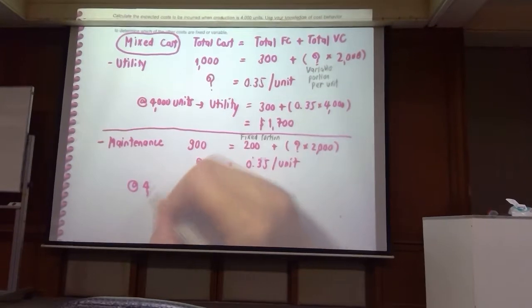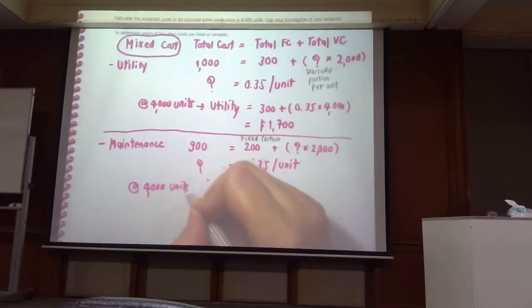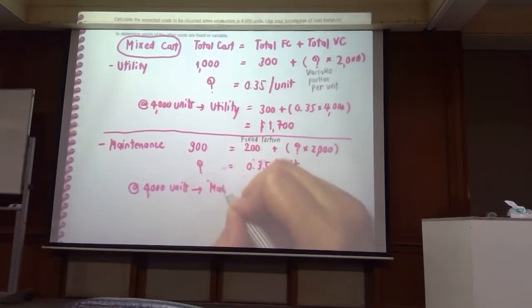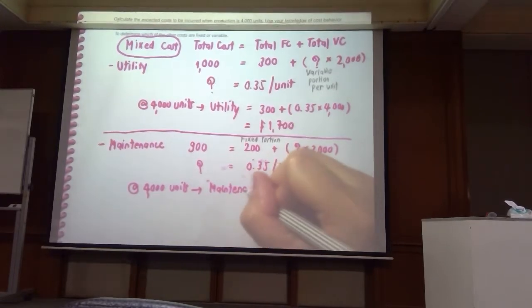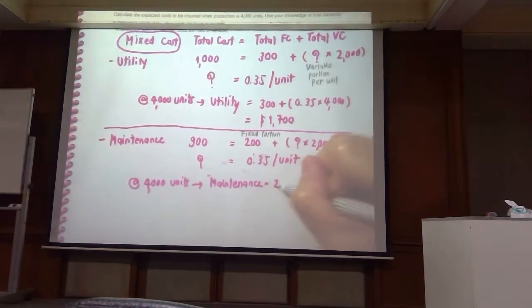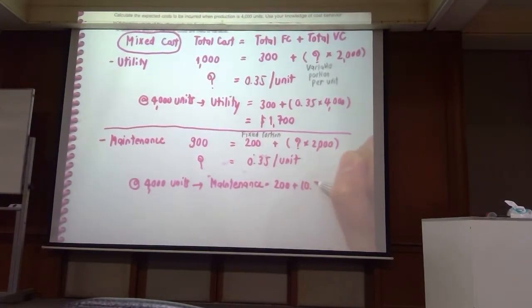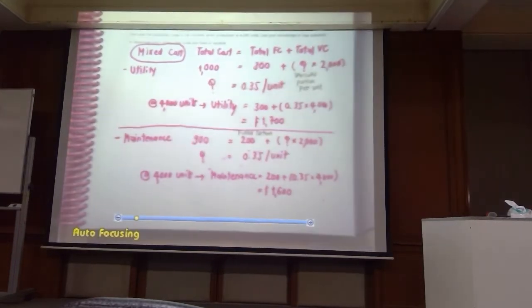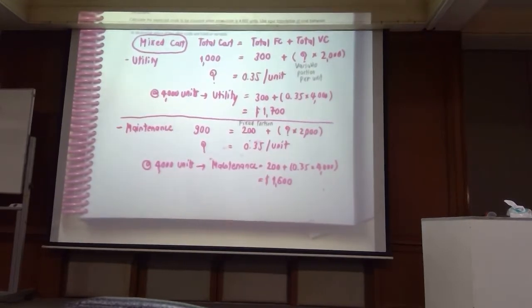And at 4,000 units, your maintenance cost will be equal to $1,600. Okay.